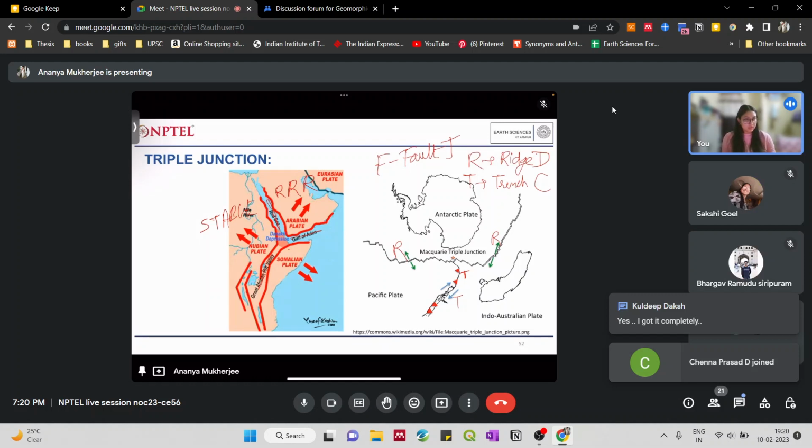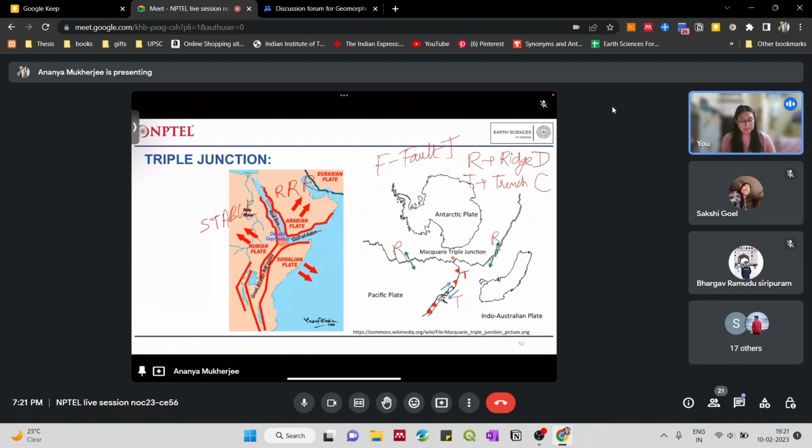So now in this kind of a setting, you can see that you have two R's, there is one F. Okay, this is an F, that means there is a transform fault boundary over here, and this is a T, and this is also a T. T means subduction. So over here you have this R T R. Now over here you can see that this plate is actually moving like this.